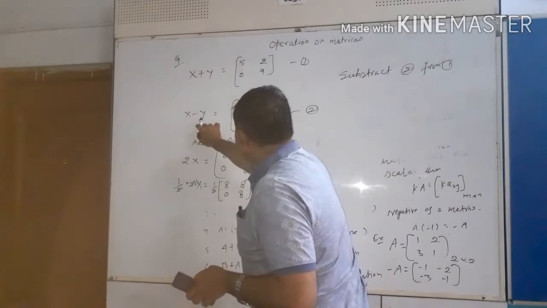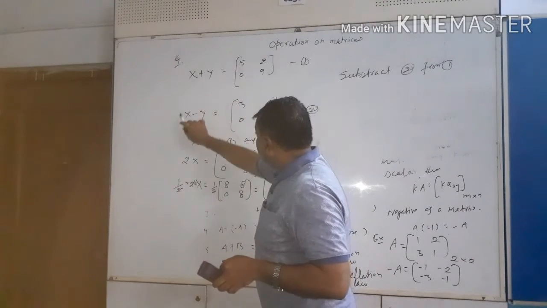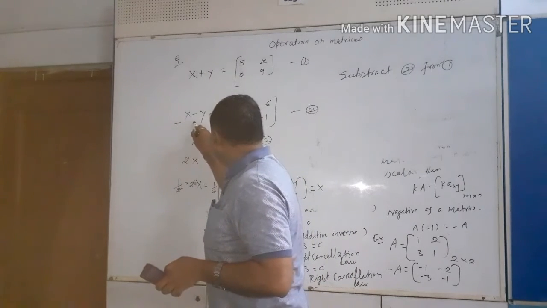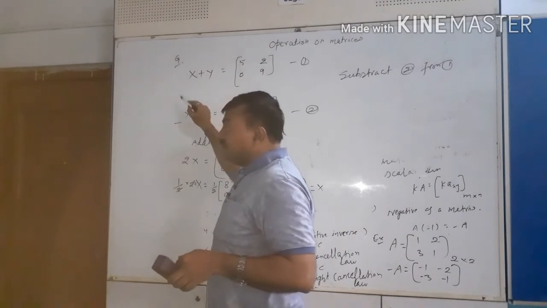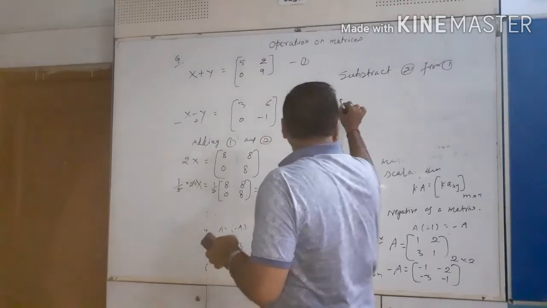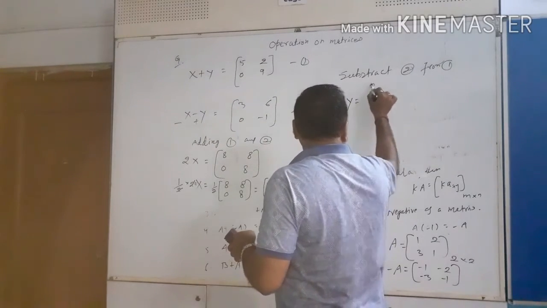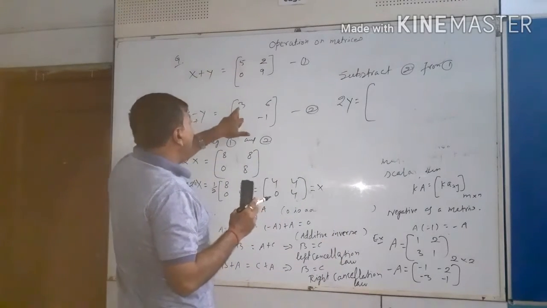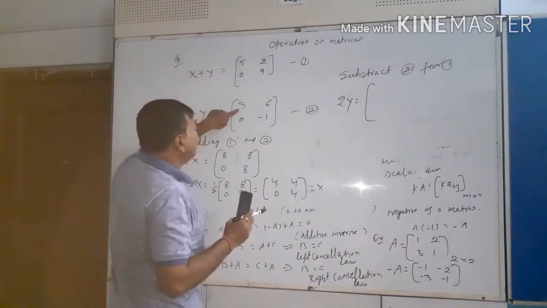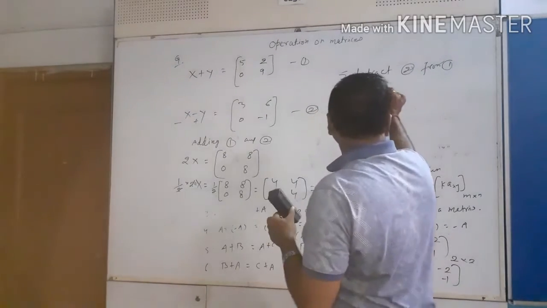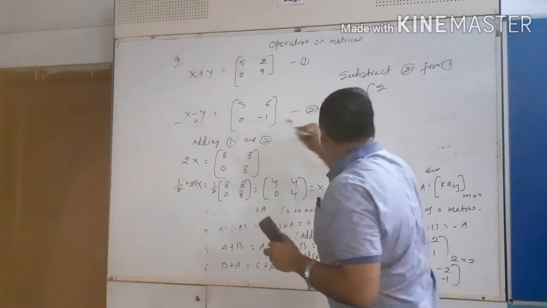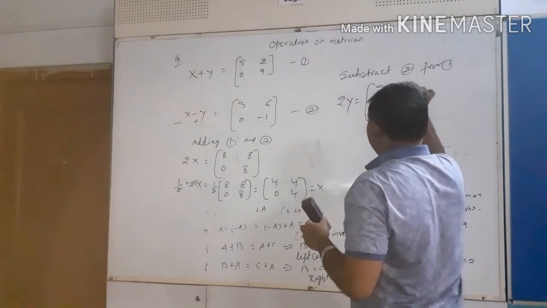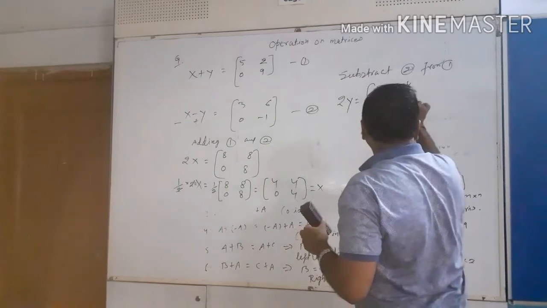That means x plus y minus x minus y. We have to change the sign: minus x and plus y. X minus x will be 0 and y plus y will be 2y. Now subtracting in the same manner, a11 from a11. That means 5 minus 3, the result is 2. 0 minus 0 is 0, 2 minus 6 is minus 4, and 9 minus 1 is 10.